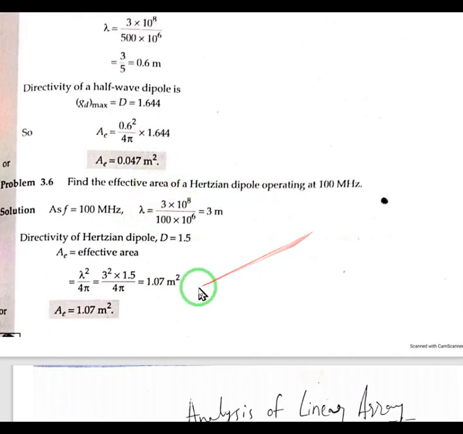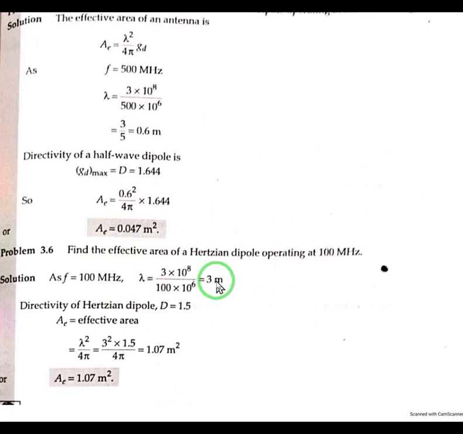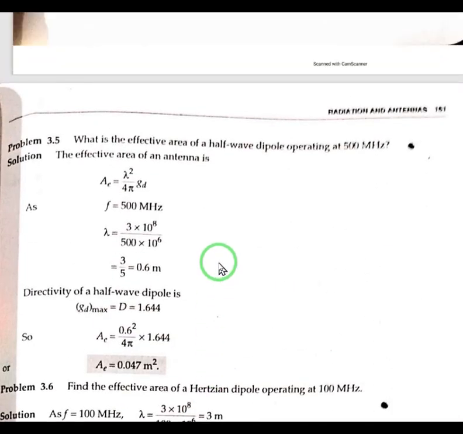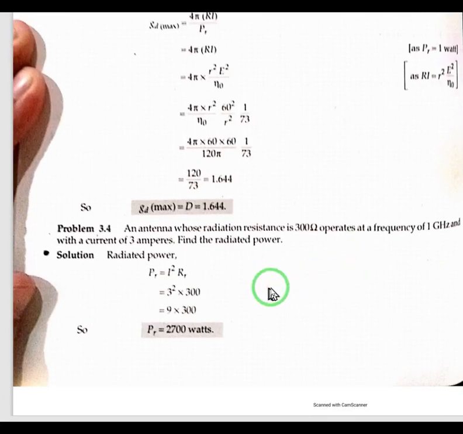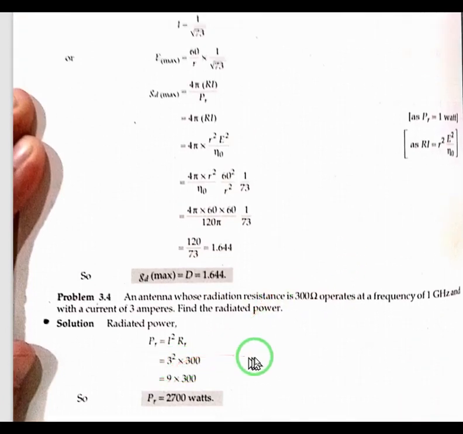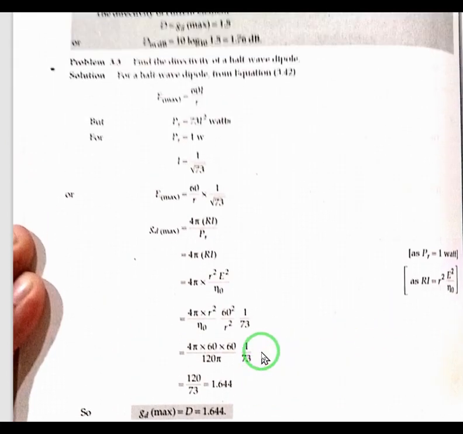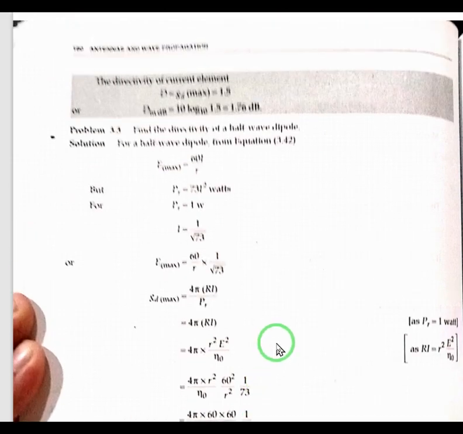So here we found the effective area of the Hertzian dipole. We found the effective area of the half-wave dipole. Here we found the radiation power of the antenna, for which parameters had been given. And we derived the directivity of the half-wave dipole.